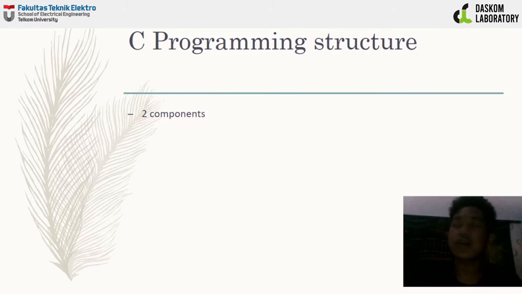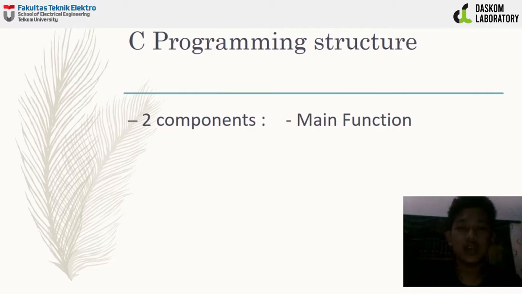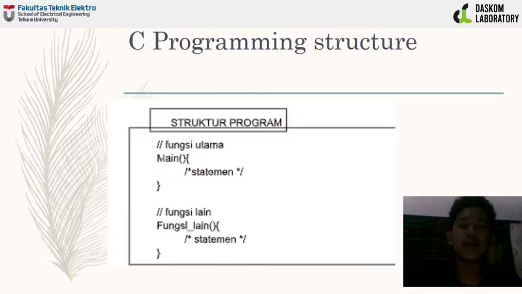The C programming language has only two main structures, which are the main function and function, like this. The main function acts as the main control of the other functions, while the other functions support the main function so the program can work properly.